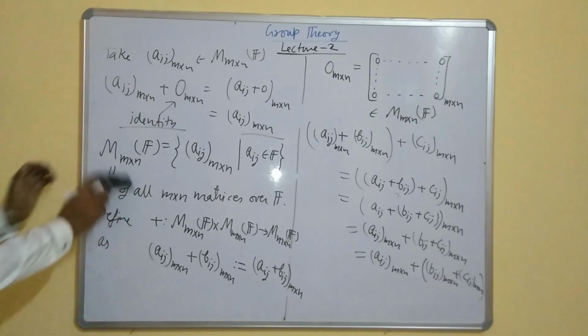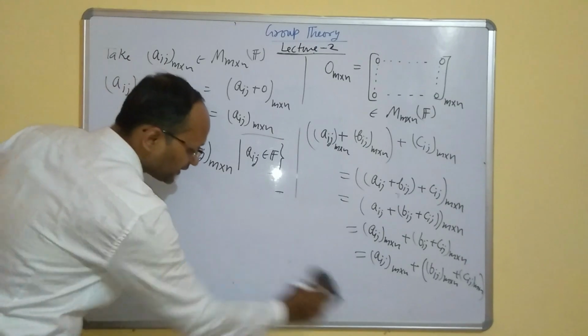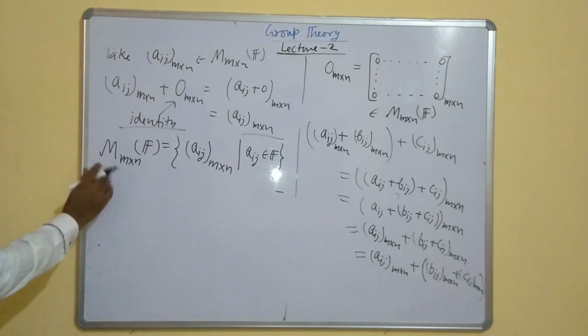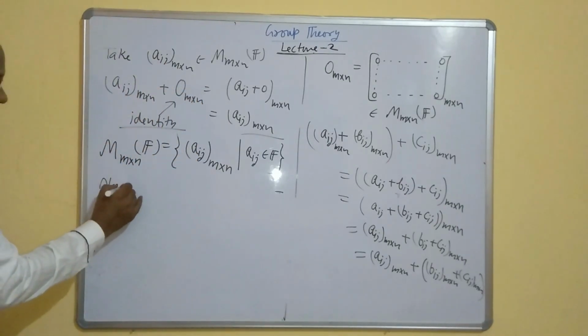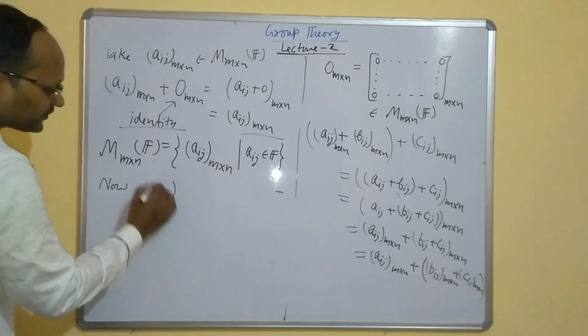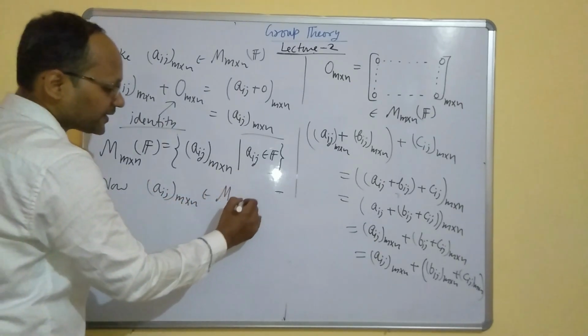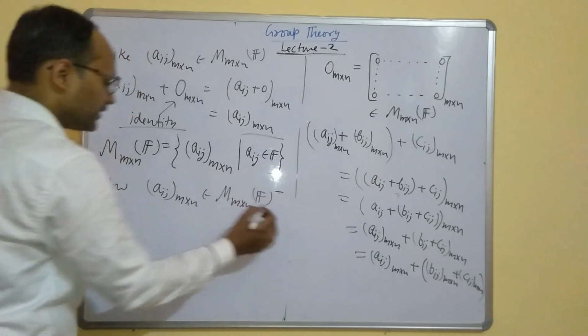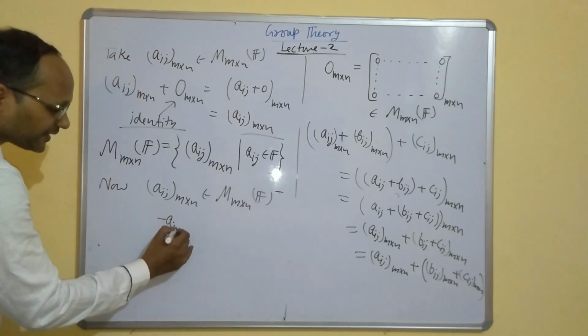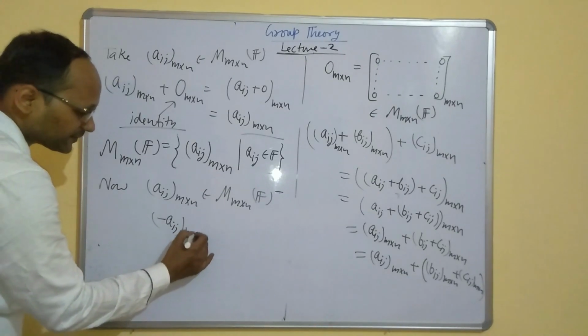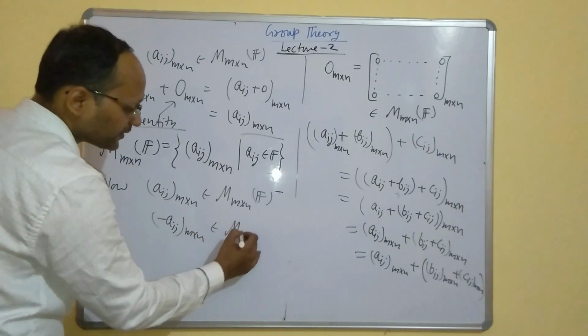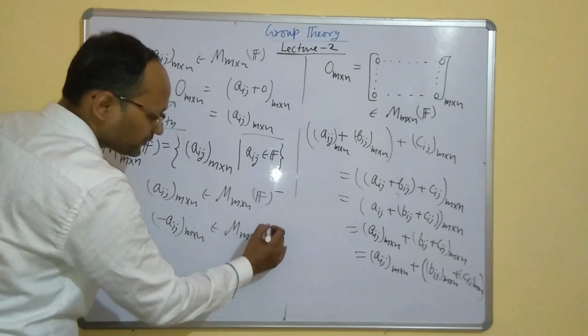And what about inverse? If I take any matrix A_ij, m cross n in M_{m×n}(F), then it is clear that minus A_ij, m cross n is also a matrix in M_{m×n}(F).